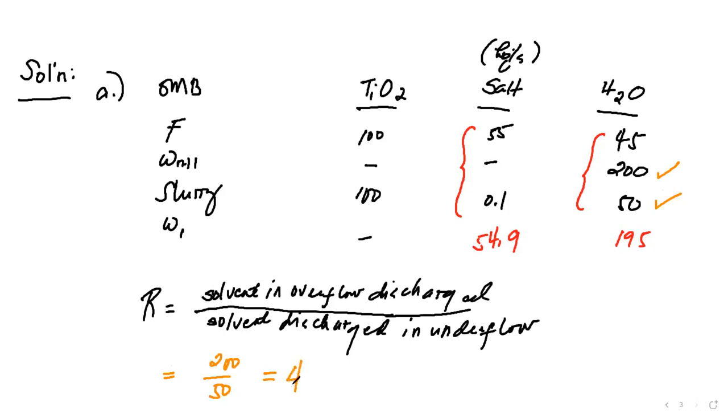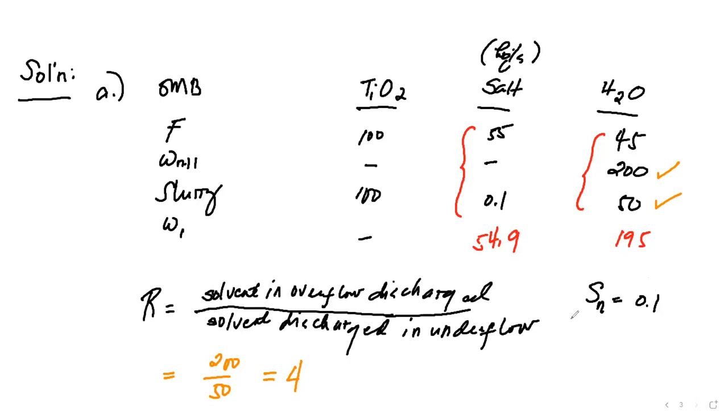Now, the next thing that we need is the S sub n because it's part of the formula. The S sub n is the solute present in the nth thickener. This is your S sub n because this is your slurry from the nth thickener. So that would be 0.1.